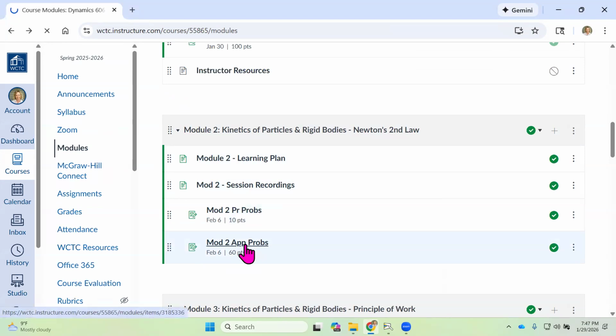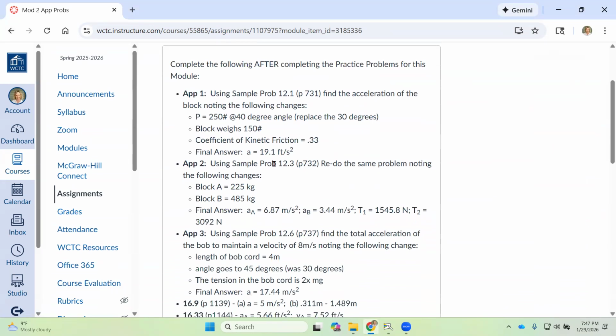Application problems. As we had talked about last time, the first 3 problems here are ones that I made up, and these go along with the chapter 12 problems. As I had stated, I didn't find any at the end of the chapter or in that chapter that I really liked that went along with the application problems, so I did my own.